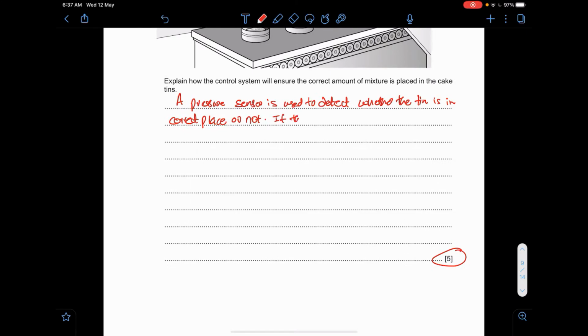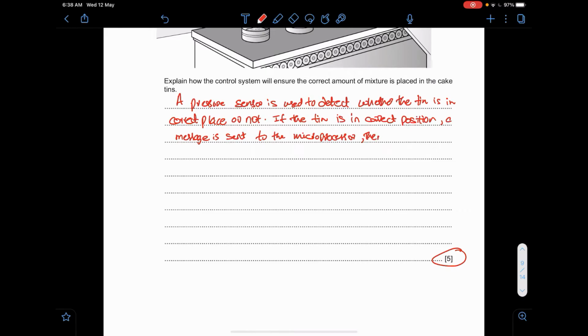So if the tin is in correct position, a message is sent to the microprocessor. So what does the microprocessor do, right?